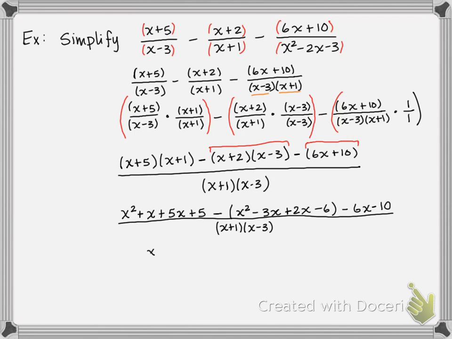So we've got x squared plus 6x plus 5, and then negative 3x plus 2x is a negative 1x. So when I distribute this, I'm going to have minus x squared plus x plus 6. And now I just have to combine like terms.